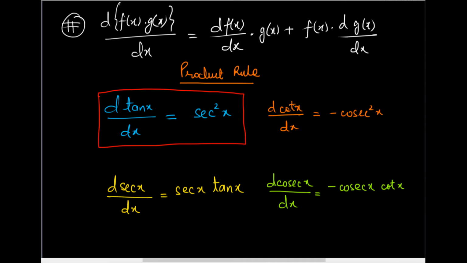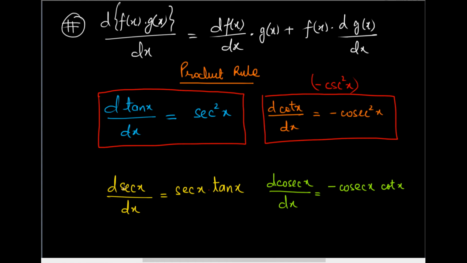And cot x, which is the reciprocal of tan, has a derivative of negative cosec square x, or sometimes we also write cosec in short form as CSC. So that can also be written as negative CSC square x, cosecant square x. And the derivative of secant of x equals sec x times tan x.